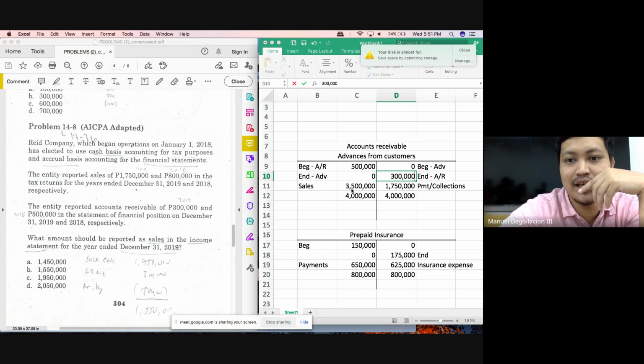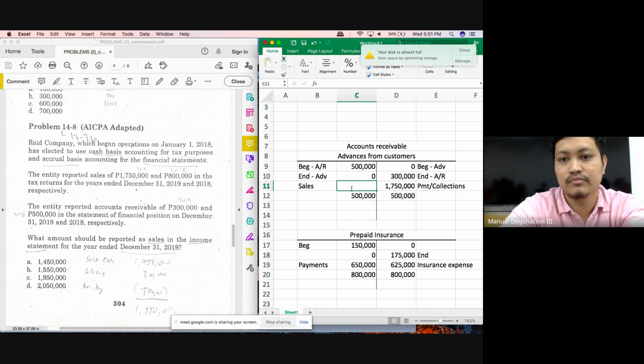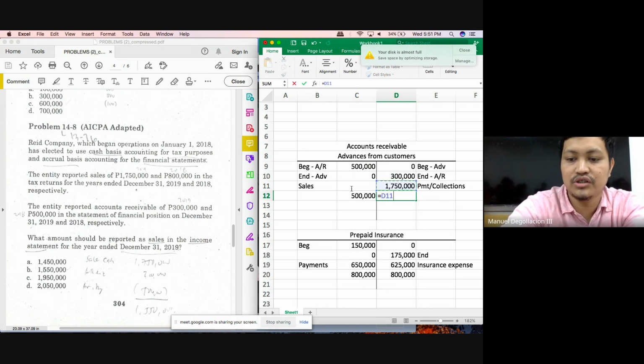So which side is complete? Credit side. So that means the total credit is how much? 2,050,000. So if the total credit is 2,050,000, that means the total debit must also be 2,050,000.